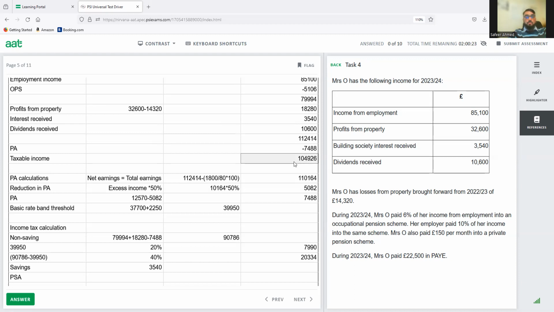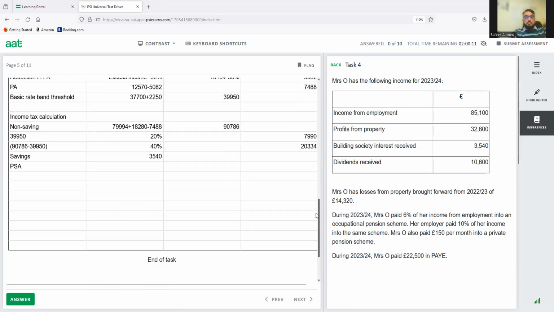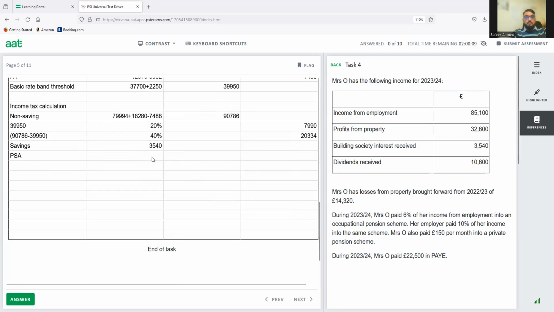As you can see, 104,926 is between 37,701 and 150,000. But if someone's taxable income is more than 150K, they're not going to get any personal saving allowance. But in this situation, the personal saving allowance will be, of course, 500. So on the first 500, the rate of tax will be 0.